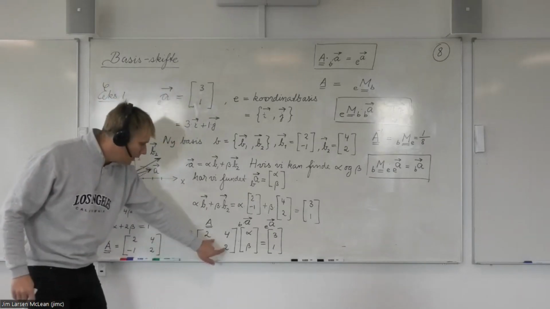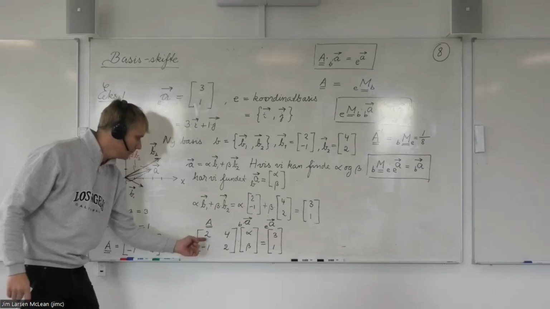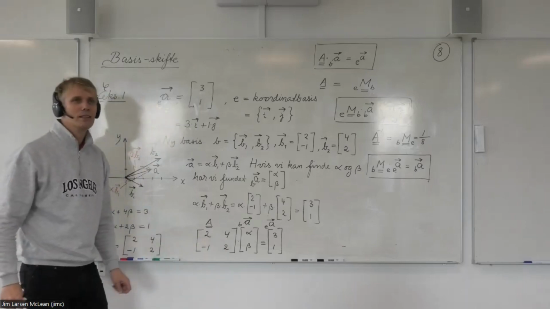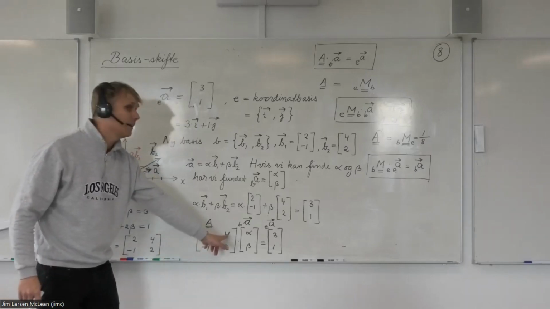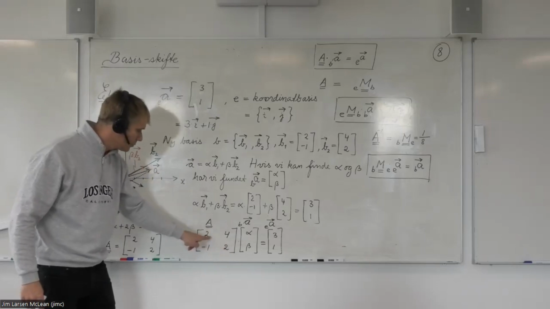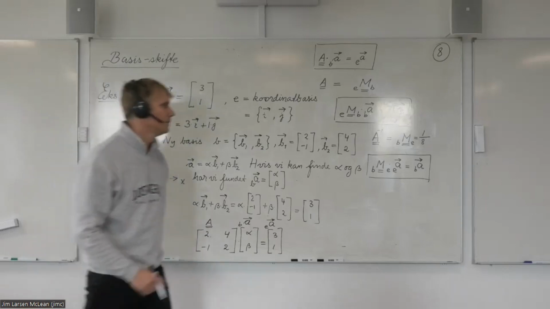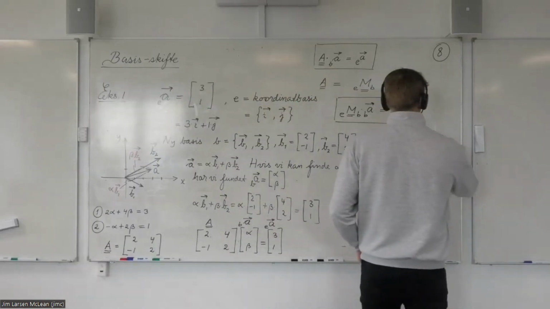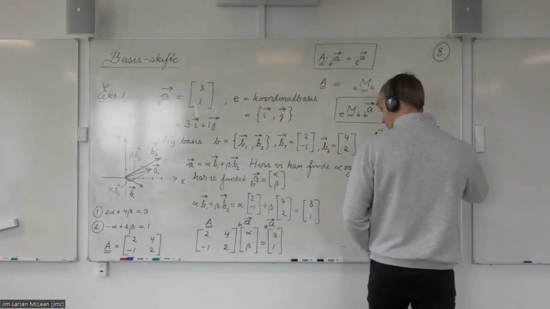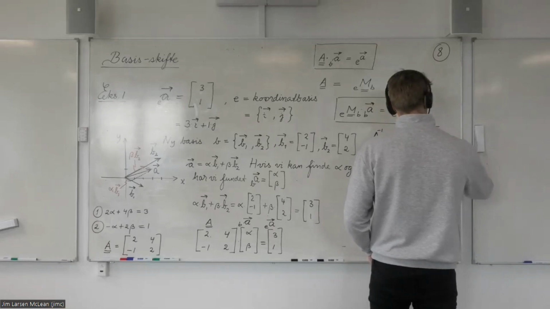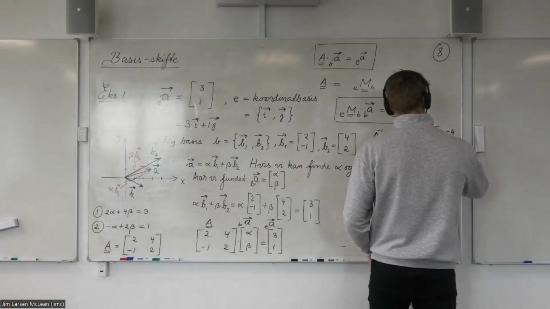You swap the diagonal elements. It's pleasantly easy because you can see that 2 is swapped with 2. And then you change the signs of the elements outside the diagonal. So it will be 2, 2 here and there. But here it will be negative 4 plus 1. So I'll just write it here. I think there's enough space for it. So 2, 2 on the diagonal and minus 4 plus 1.